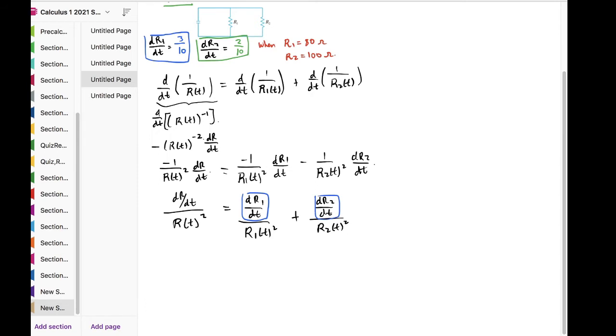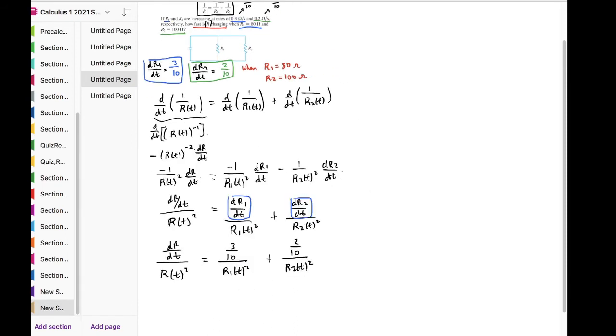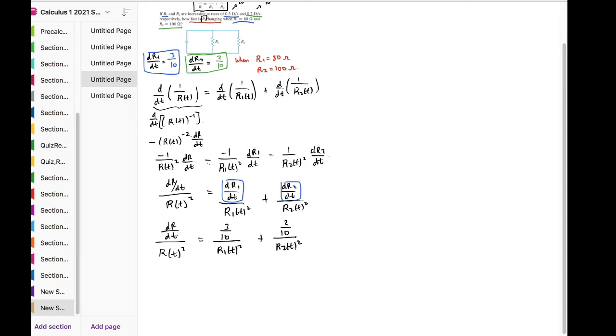And we also know t naught, right? We know some things that are happening at t naught. What do we know at t naught? Yes, we know that R1 is 80 and R2 is 100.